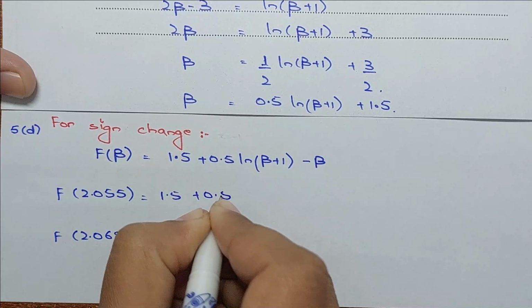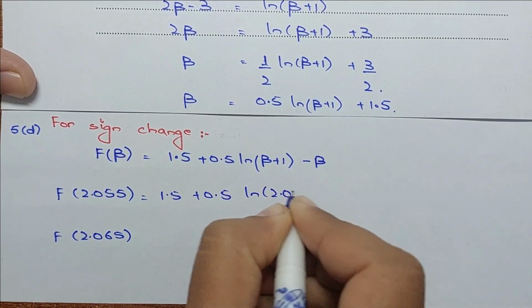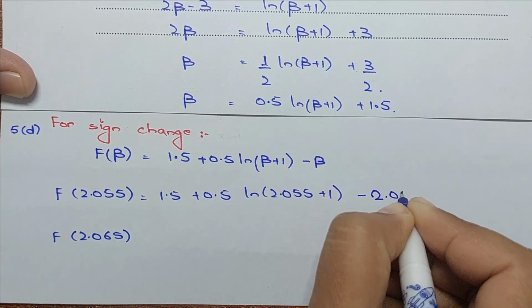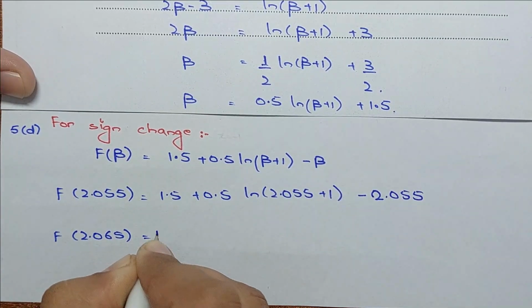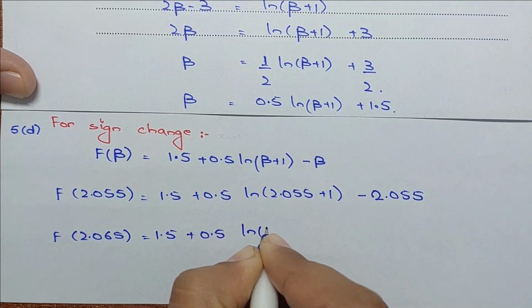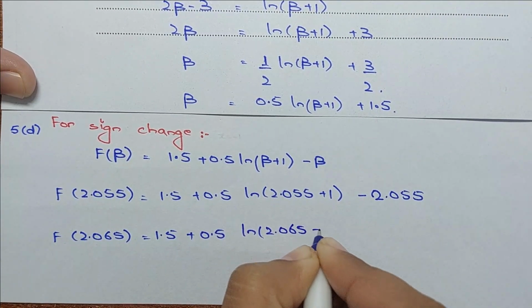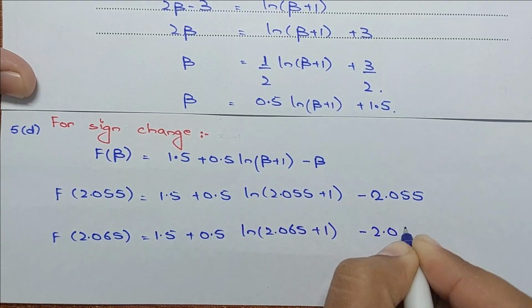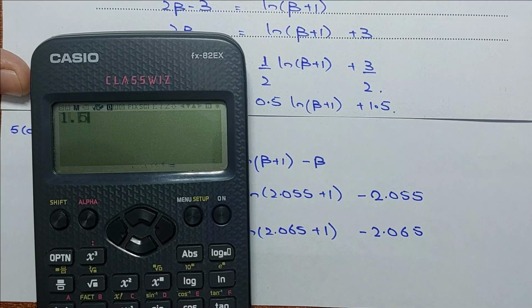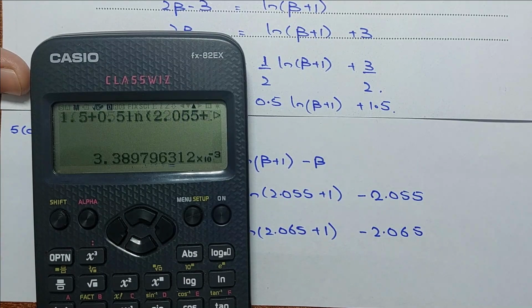1.5 plus 0.5 ln(2.055 plus 1) minus 2.055, or we can say 1.5 plus 0.5 ln(2.065 plus 1) minus 2.065. Okay, let's see the sign changes. 1.5 plus 0.5 ln(2.055 plus 1) minus 2.055.